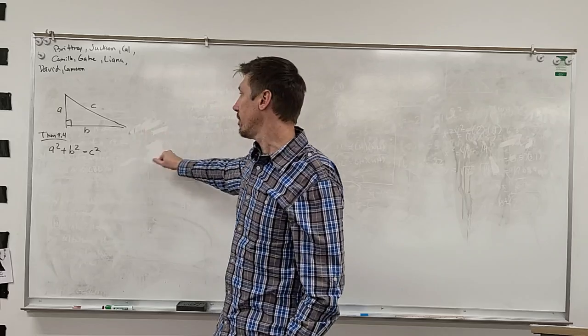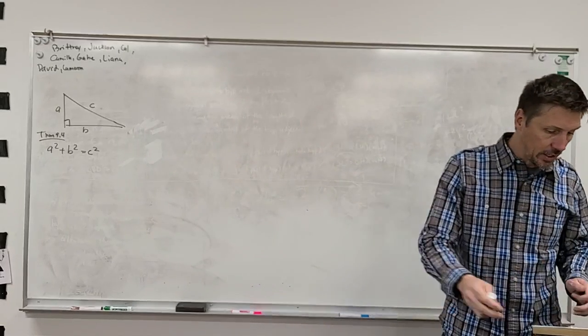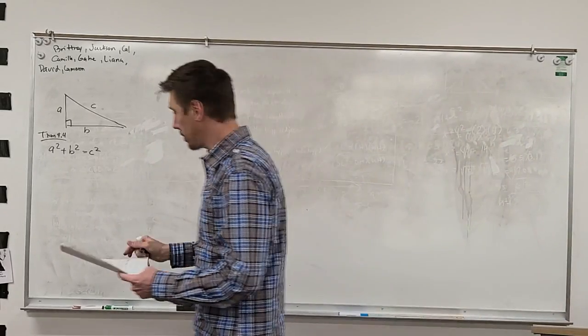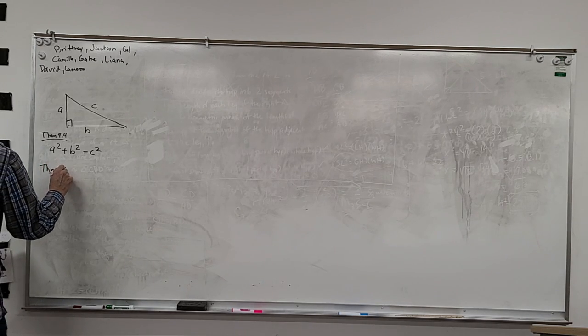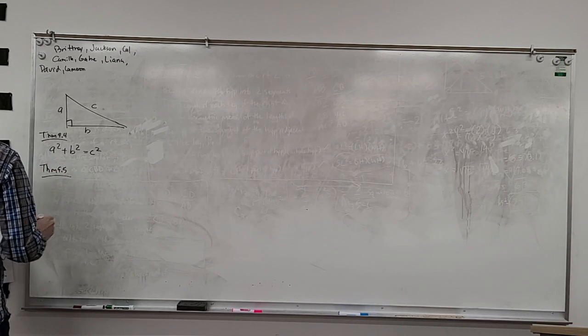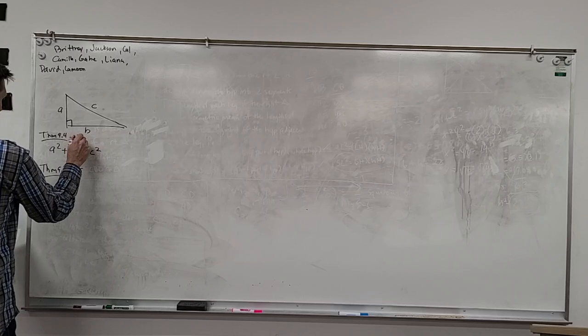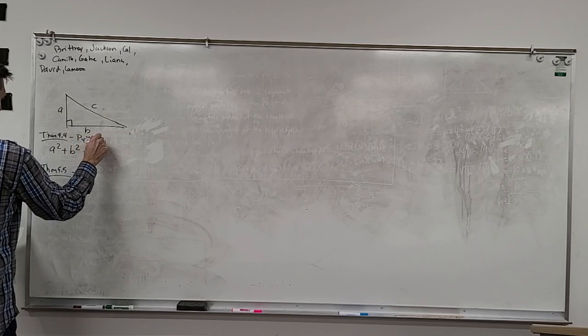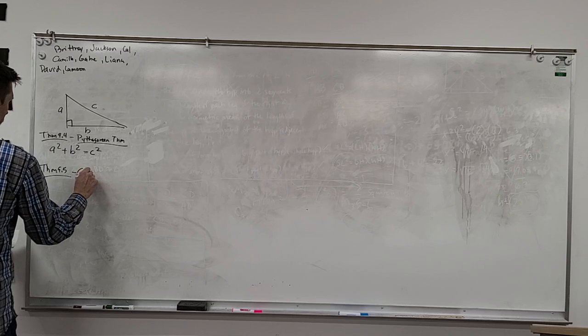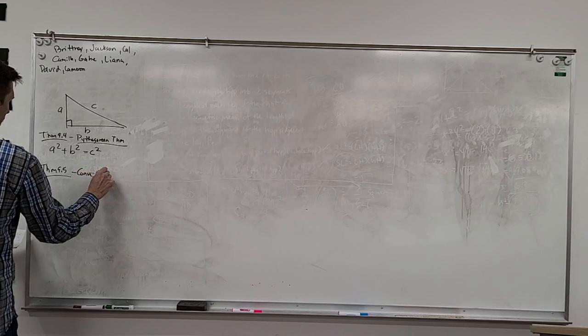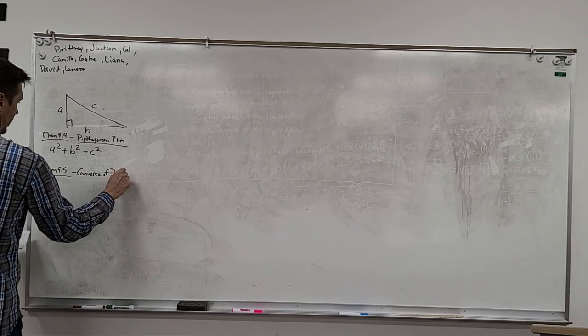What we have after theorem 9.4 is the converse of the Pythagorean theorem, which is theorem 9.5. This is the Pythagorean theorem here. This is the converse of the Pythagorean theorem.